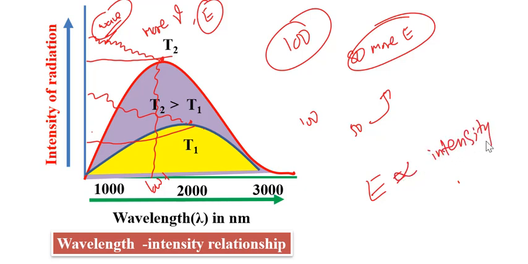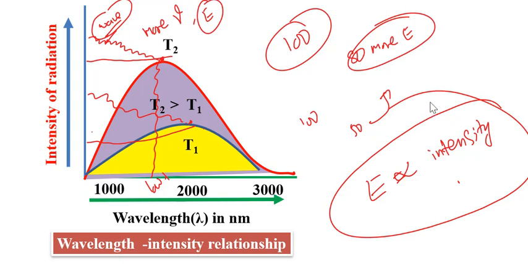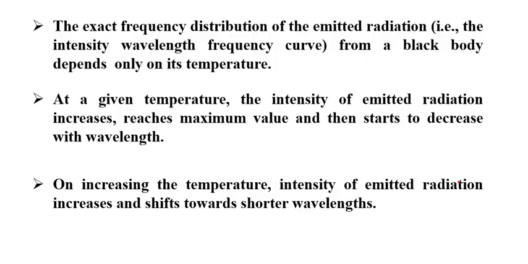But later the particle nature came. Particle nature says we can explain that energy is not at all related to intensity. The exact frequency distribution of the emitted radiation, the intensity-wavelength-frequency curve from a black body, depends only on temperature.